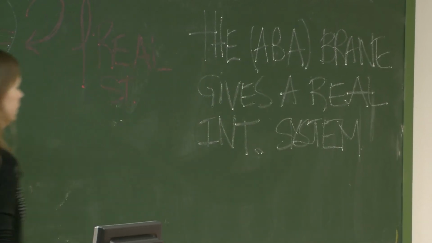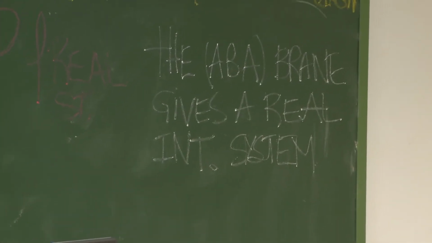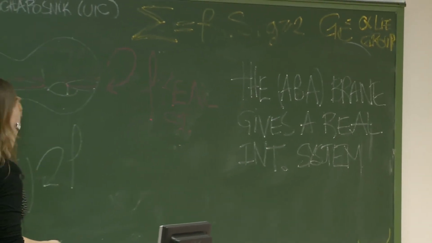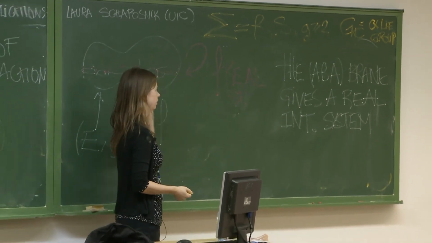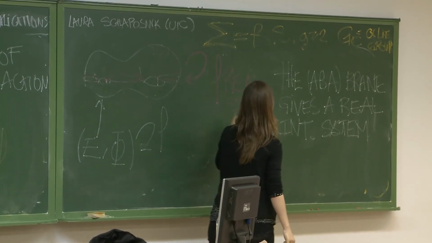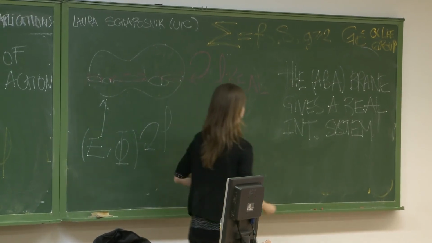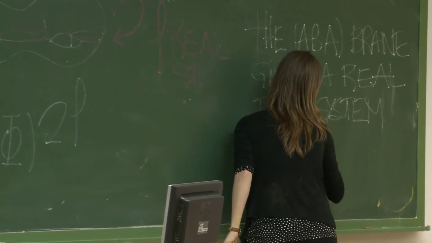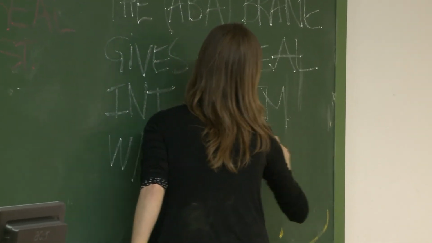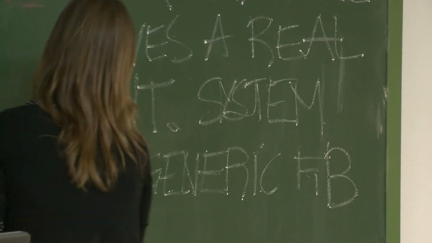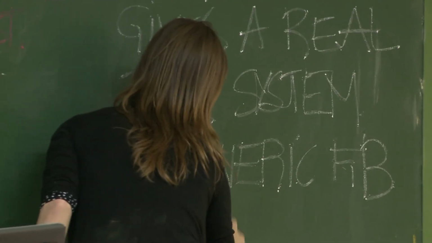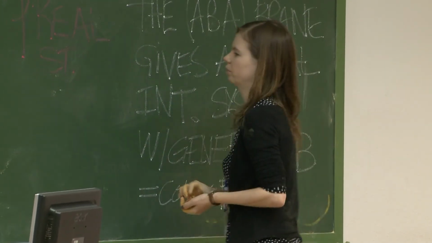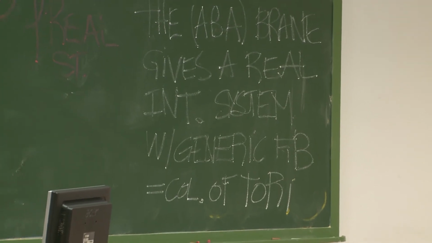And this real integrable system is a Lagrangian fibration, and the fibers are tori, collections of tori, and the number of tori in these fibers depends on the invariants of F. So all of the invariants of these will depend on the invariants of F. So with generic fibers being collections of tori, the number of which will depend on F.